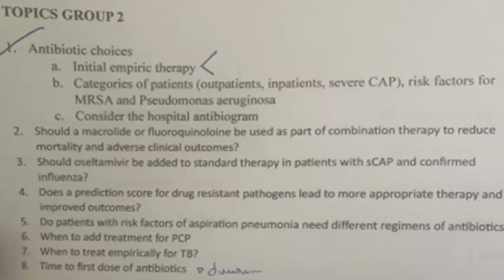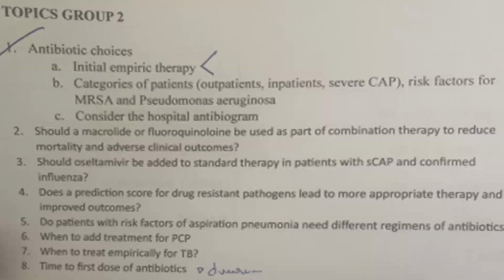We'll also attempt to answer the rationality for combination antibiotics, should it be a macrolide or fluoroquinolone or beta-lactam, and look at the efficacies. We'll also attempt to answer the need for oseltamivir in therapy for severe community-acquired pneumonia.